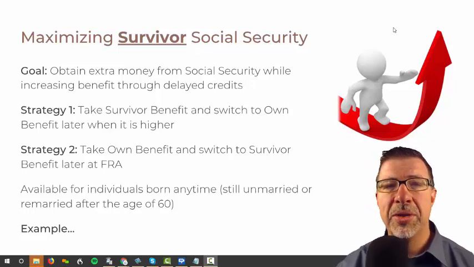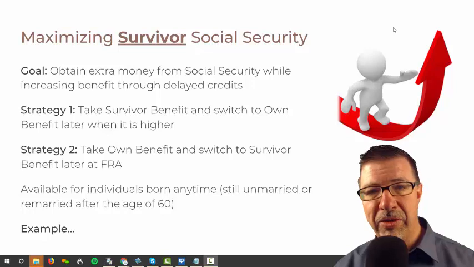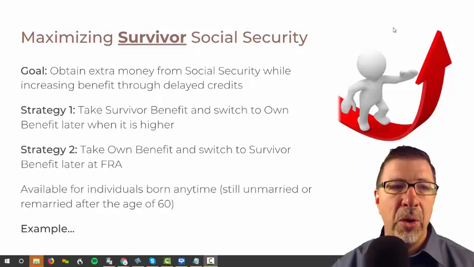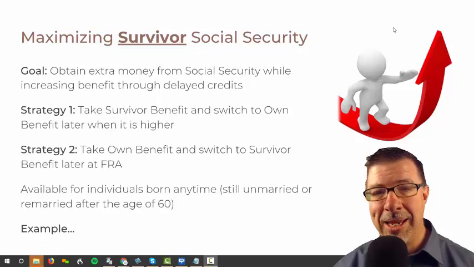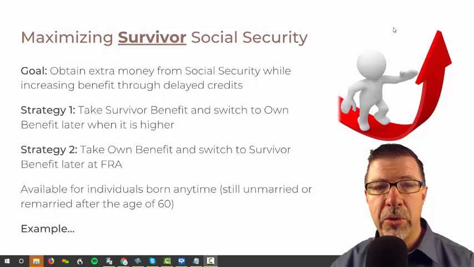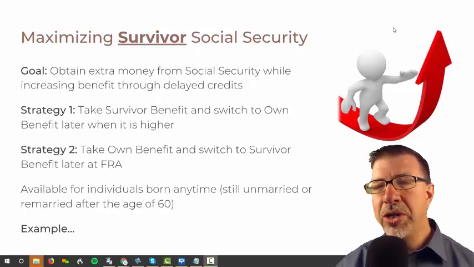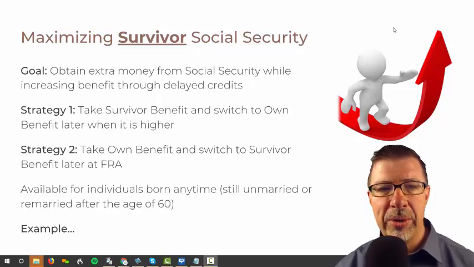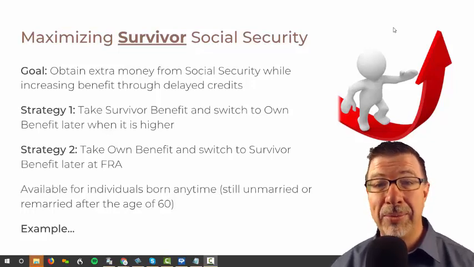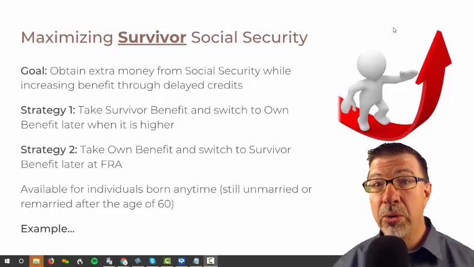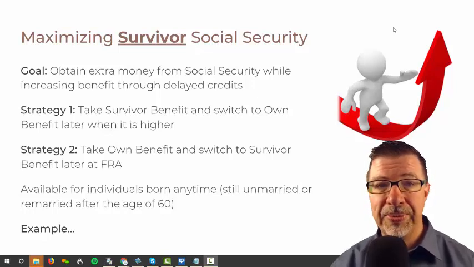So our goal is to obtain extra money from Social Security while increasing the benefit we eventually take by either delaying or through delayed credits. Which of the two strategies you see here would be more appropriate will depend on the circumstances in play, which benefit, own versus survivor, is higher.